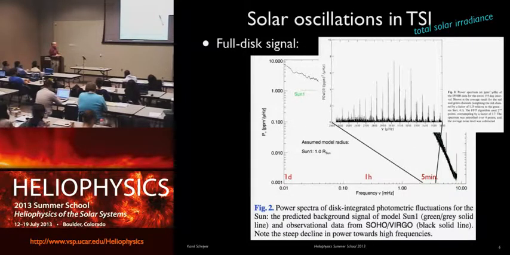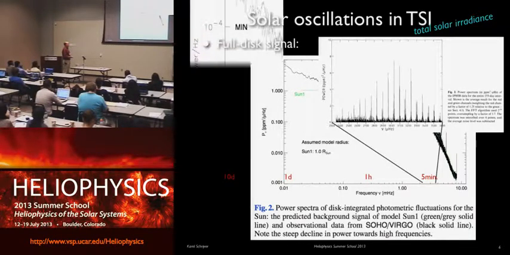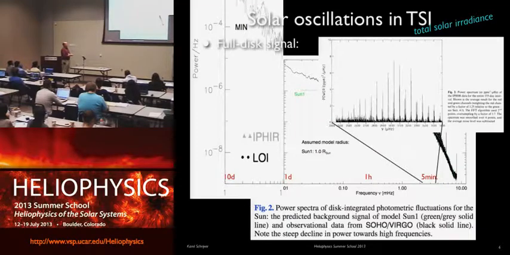There are all these individual P modes that I won't talk about. You can read about those somewhere else. They tell us everything about the internal structure and a lot about the internal dynamics of the sun as a star. They are visible in the irradiance. On longer time scales, it's remarkably hard to find spectra that do this for anything longer than the 10 days that I can get to here.